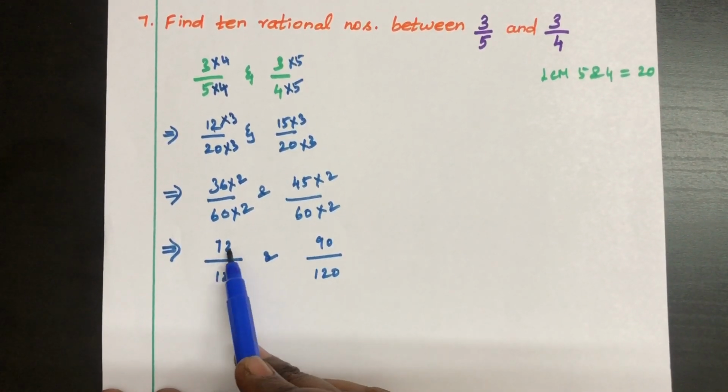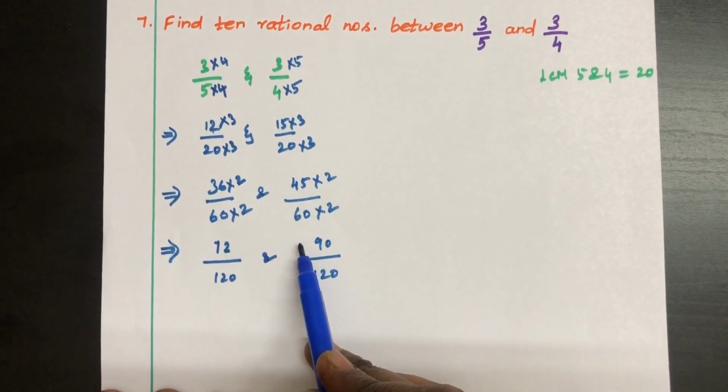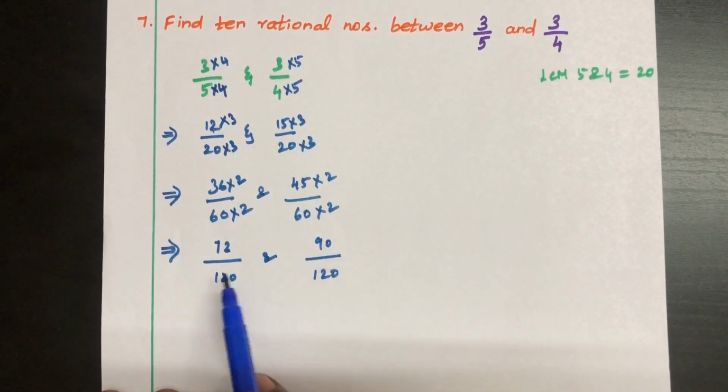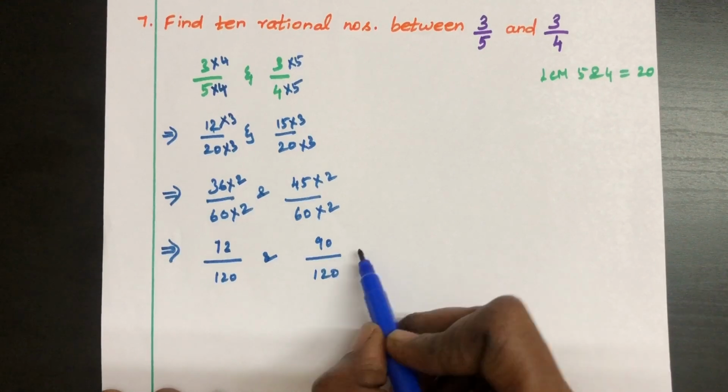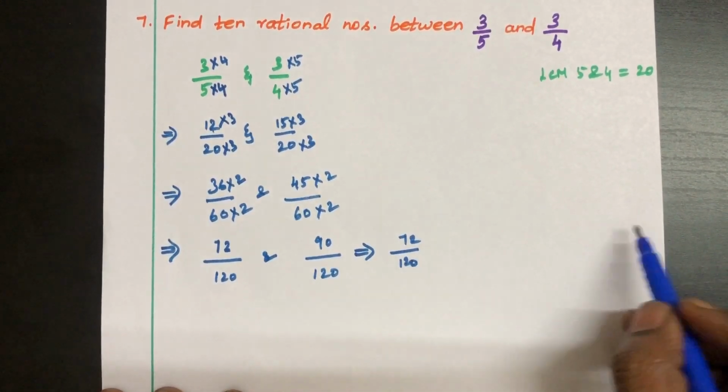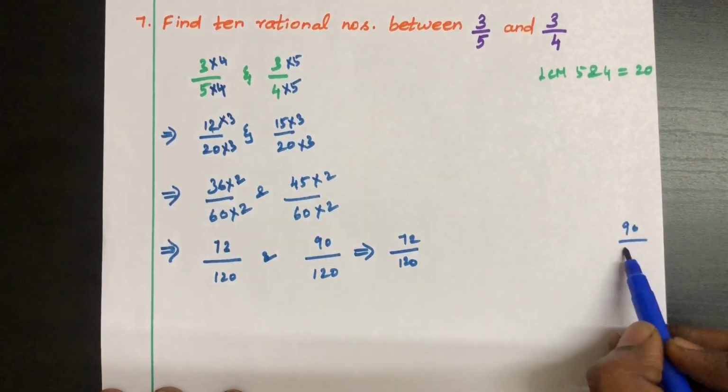See here, 72 to 90, so 18 rational numbers in between these two rational numbers. 72 by 120 and 90 by 120.